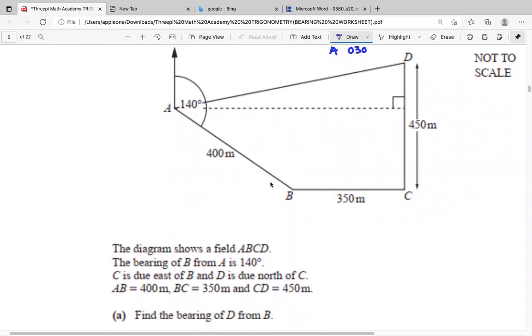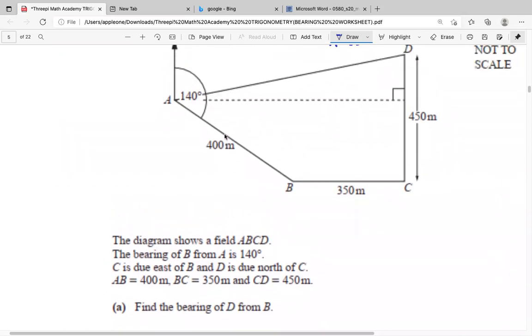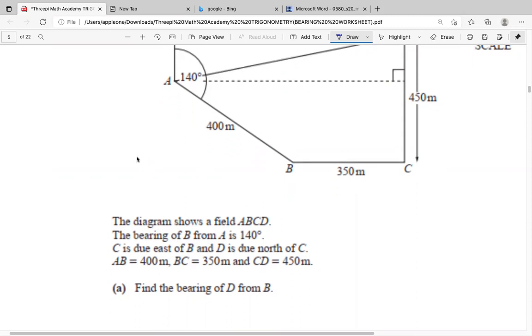C is due east of B, and D is due north of C. The length AB is 400 meters, BC is 350 meters, and CD is 450 meters. The first part is to find the bearing of D from B.